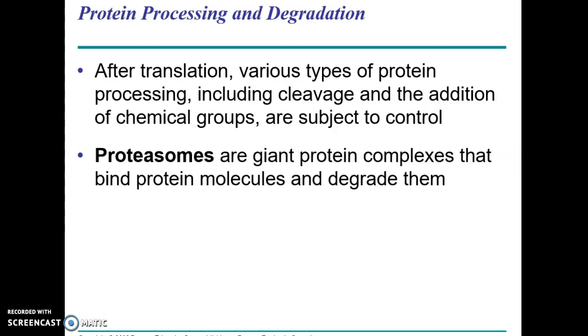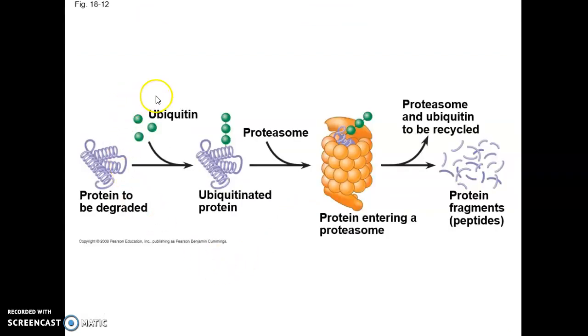Certain enzymes, certain things we don't need to have around all of the time, and our cells only make them when they're needed. So what the cell can do is add something called ubiquitin, which is just a chemical marker to a protein, and that serves as a signal that says, hey, I'm no longer needed, you can digest me.